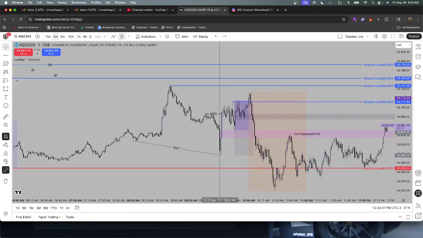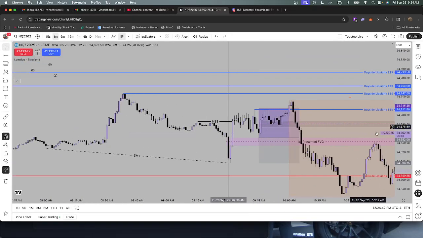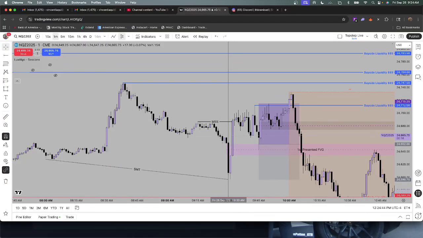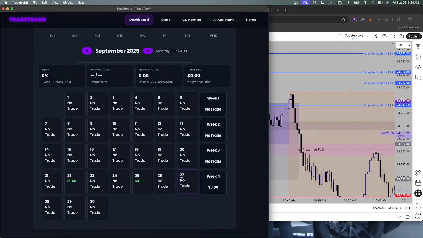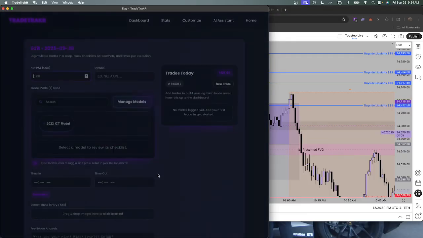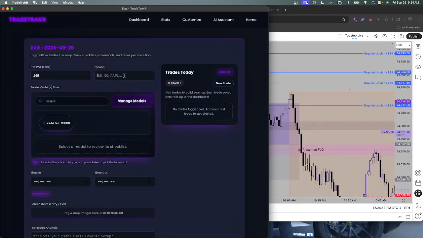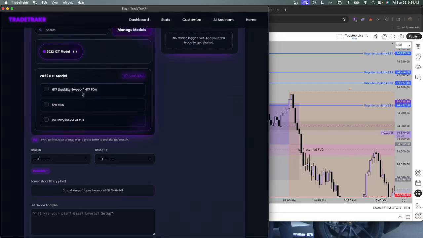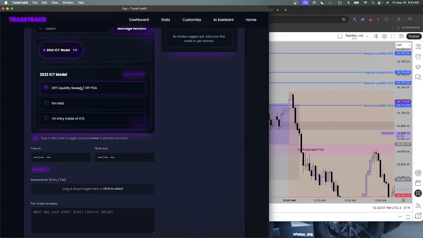So what I'm gonna do is start by writing some important stuff. My P&L for the day was 259 on each account. So I'm just gonna write 259. It's on NQ. We used 2022 ICT model. We looked for a higher time frame liquidity sweep.